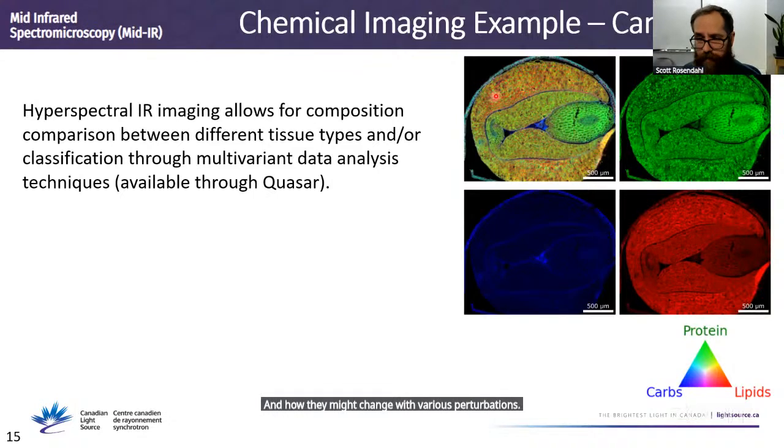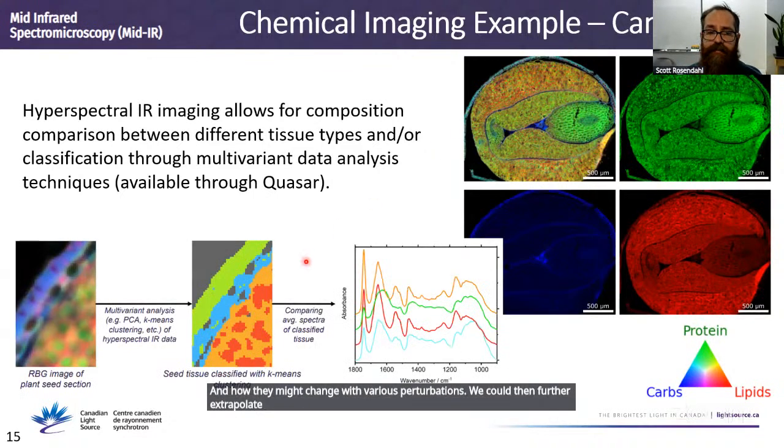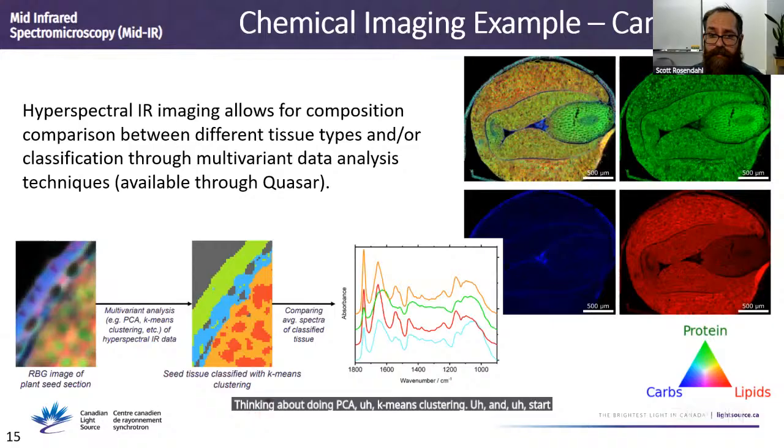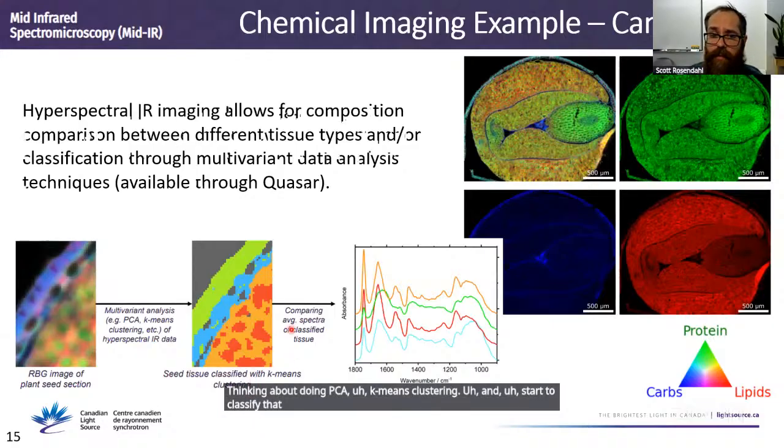We could then further extrapolate details out from this. Again, you can see this is a section edge here. This is up in this neck of the woods here of that same seed that you see. We could do multivariate analysis, in this case, PCA and k-means clustering, and could start to classify those particular spectra with what you're looking at.